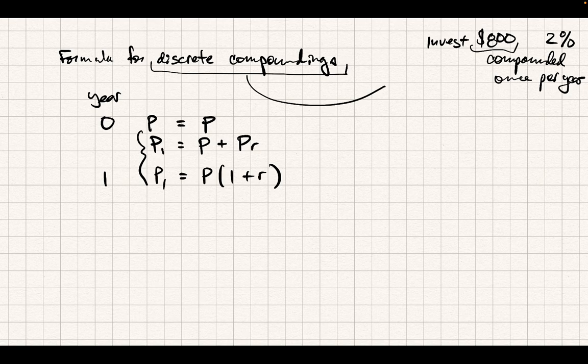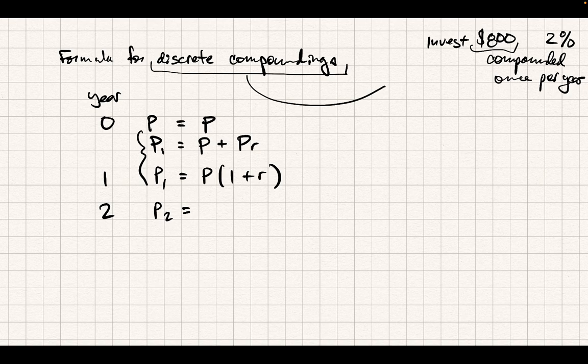What happens at the end of year two? Wait, PR is interest rate, right? It's the principal times the interest rate. But I can simplify this by taking out the P. That leaves 1 plus r as what happens at the end of that first year.